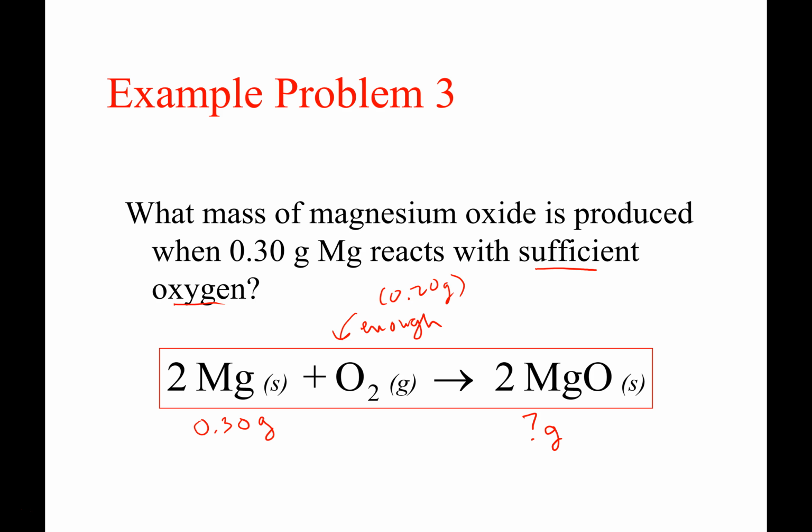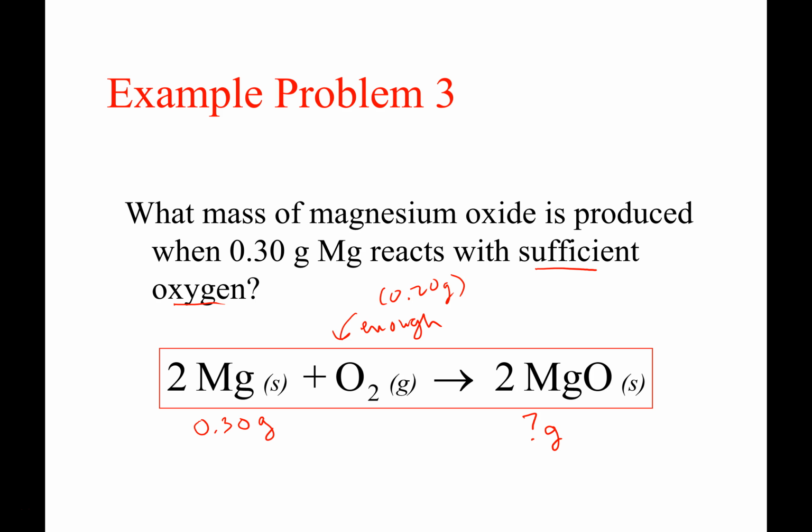Now, you might be like, Mrs. Snipes, I'm betting if I add the weight of my magnesium and I add the weight of my O2, that's going to be the weight of my MgO made. And right, you're thinking that way. But let's go ahead and knock it out.